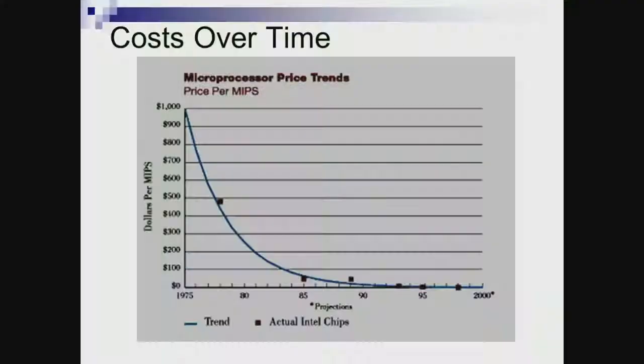So, what happened because of this integrated circuit revolution? The amount of money that we pay per million instructions per second, or MIPS, has decreased. Today for 1 million instructions per second we pay almost zero cost. When you compare with 1975, for a 1 million instructions per second computer they were paying $1000. Today it is sub $1.